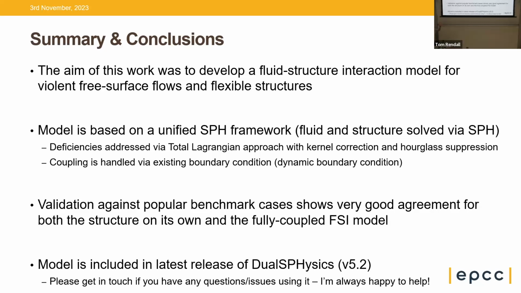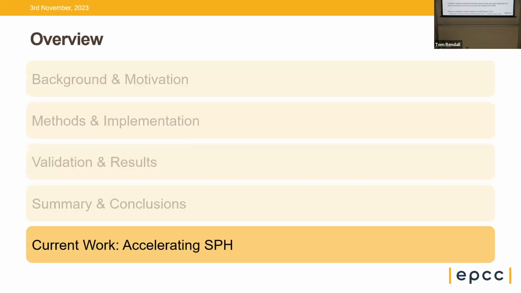It is in the latest release of DualSPHysics, version 5.2. If you think you can use it for your own work, please go ahead. And if you have any questions using it, need help setting up a case or anything like that, please just get in touch. I'm always happy to help with that sort of thing.